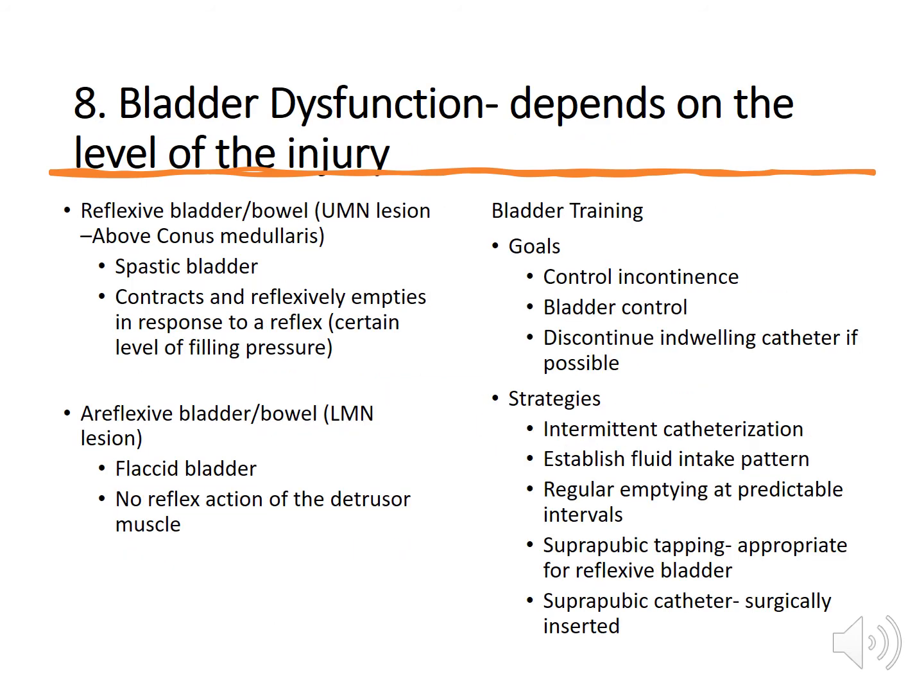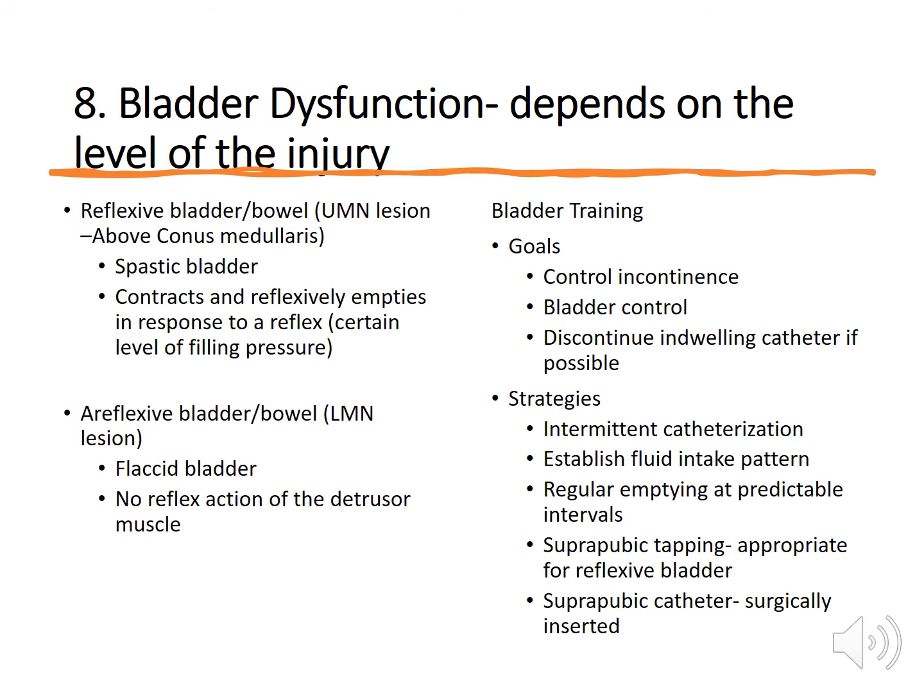All right, guys, so now we're going to talk about bladder dysfunction, and dependent upon where the level of the injury is, it is going to kind of guide you into whether your patient is going to have a reflexive bladder or an areflexive bladder. A reflexive bladder is happening where the injury is above the conus medullaris and the sacral segments.